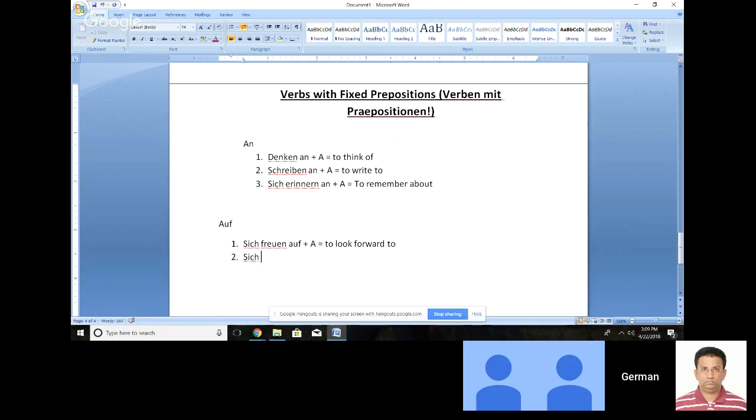Sich stützen auf plus accusative, to fall upon. Warten auf plus accusative means to wait for.